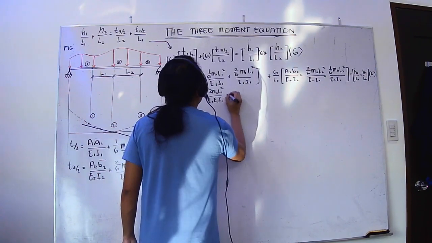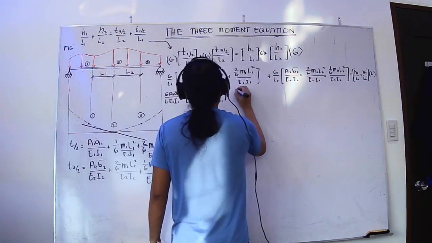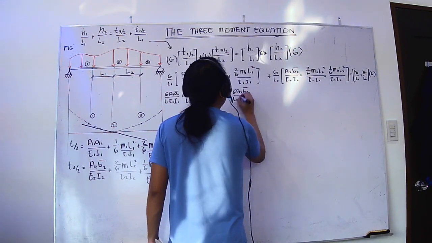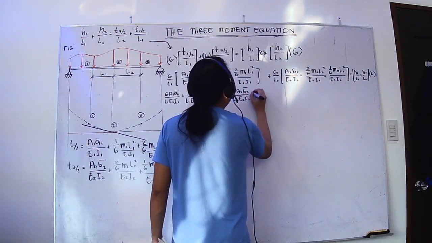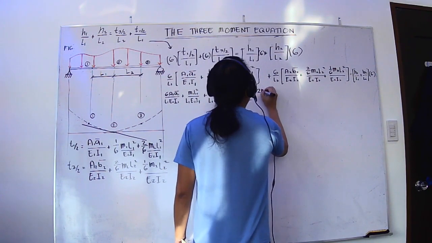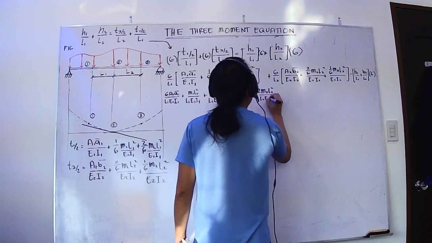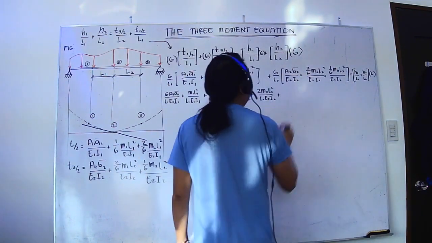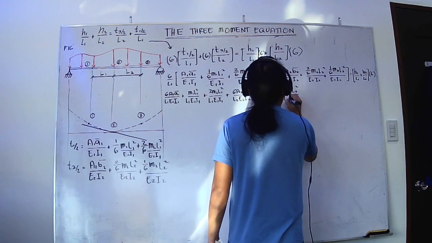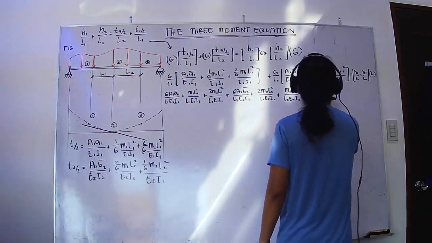Plus for the second term, evaluating this: 6 A2 B2 divided by L2 E2 I2 plus 2 M2 L2 squared divided by L2 E2 I2 plus M3 L2 squared divided by L2 E2 I2.